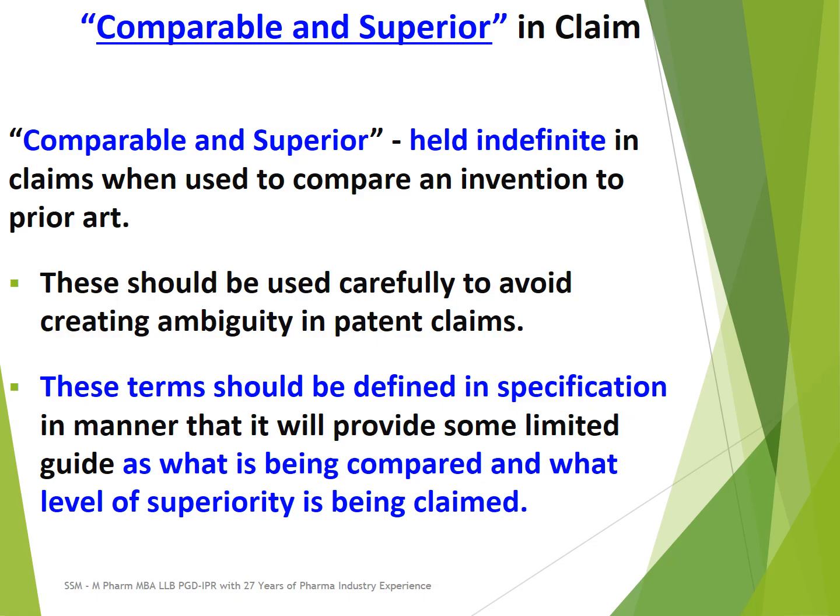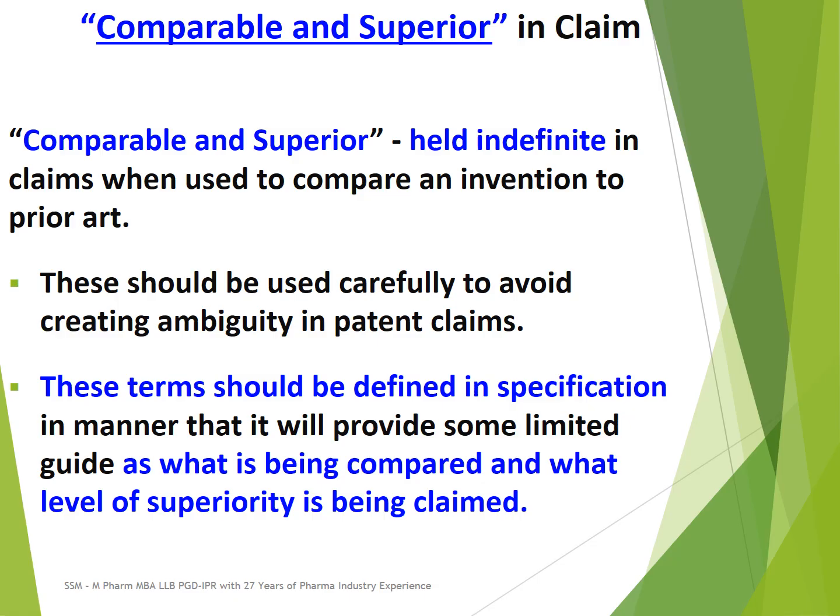In order to find out the meaning of these terms which are used in a claim, they are always interpreted in the light of the specification or description. So always the inventor, the applicant or drafter of a patent claim should explain the meaning of these terms in the specification or description.